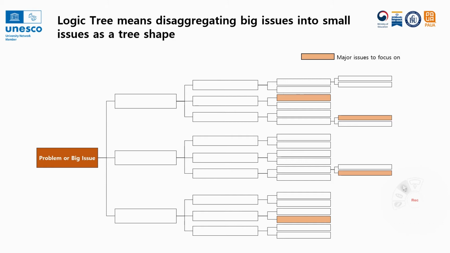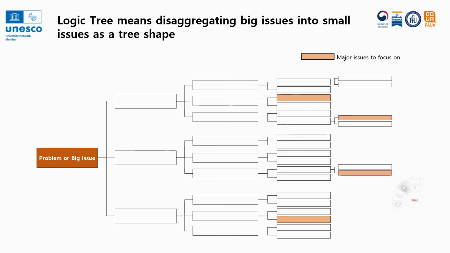So an issue tree is quite useful in prioritizing which sub-issues to tackle and which not to tackle at all. And in this logic tree on this slide, the highlighted sub-issues are the major issues to focus on for further analysis.